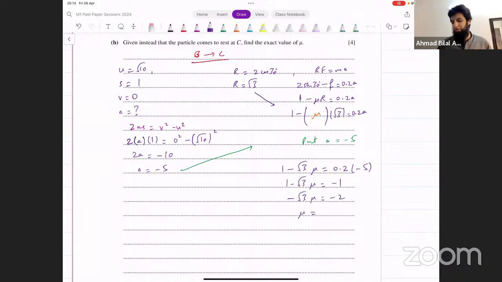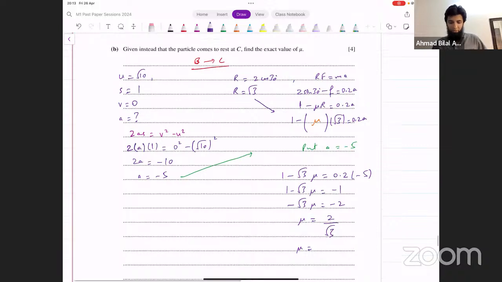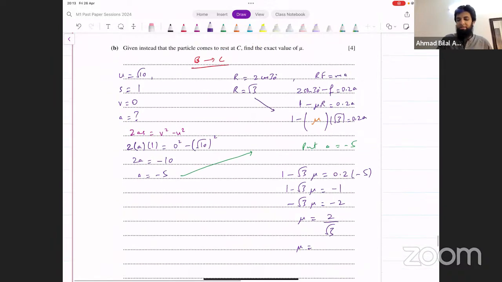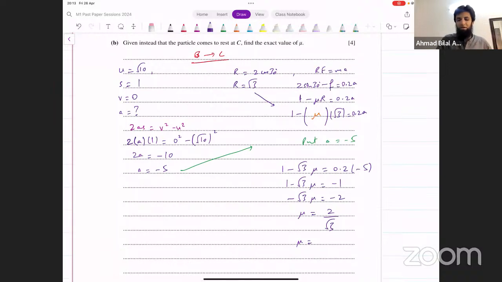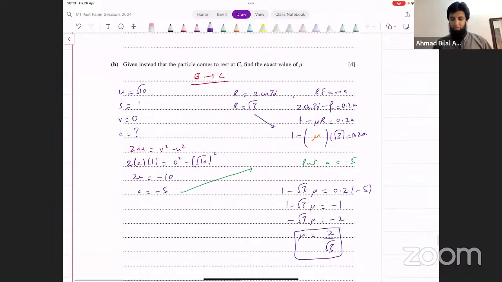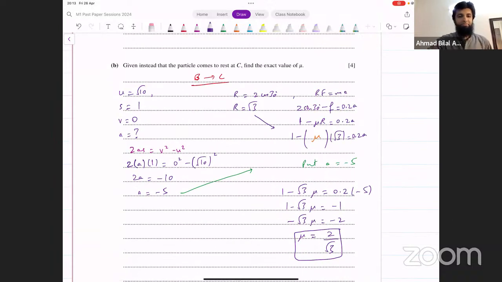And the value of mu turns out to be 2 over √3. You can write that in decimals and see what that is. Do you want an exact answer? Oh, I'm sorry, they want an exact answer. So that's your final answer, 2 over √3. You just leave it like this. And that's what you were looking for. Make sense? No problems?